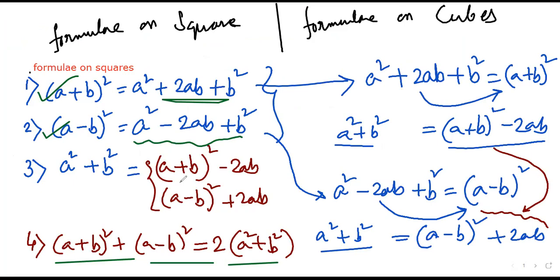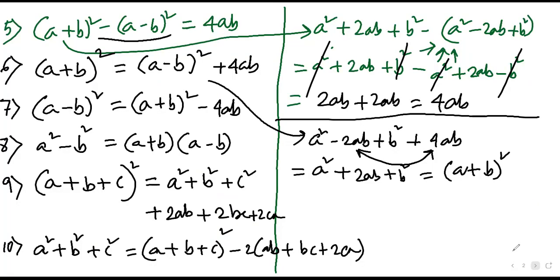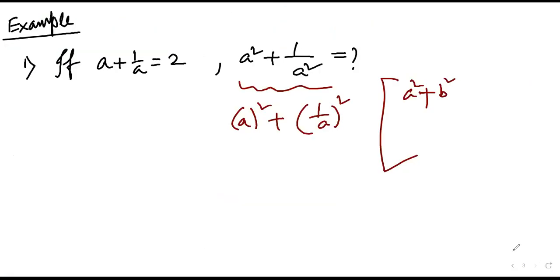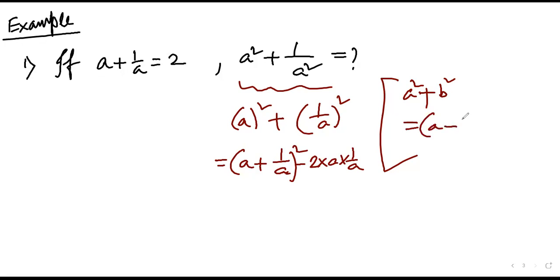we will use the expression for a plus b whole square minus 2ab. Why? As the value of a plus 1 by a is given. Okay, so using the formula we can find a square plus b square as a plus b whole square minus 2ab.